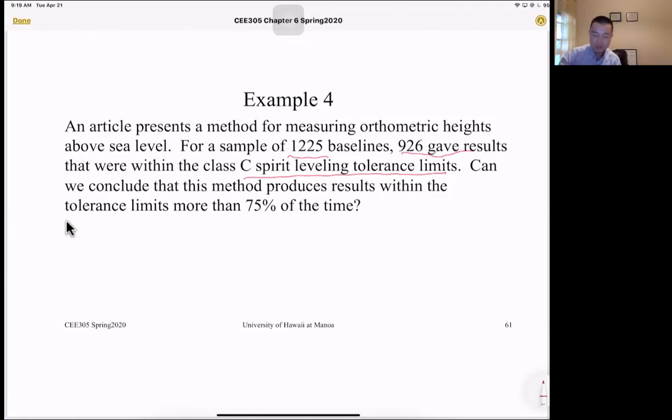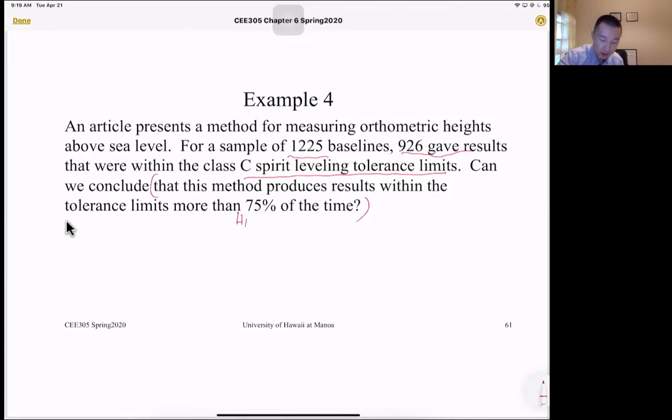Can we conclude that this method produced results within the tolerance limit more than 75% of the time? Again, first of all, I look at the last sentence and see what the question is asking. The question is asking whether this method produces results within the tolerance limit more than 75% of the time. So this will be H1.